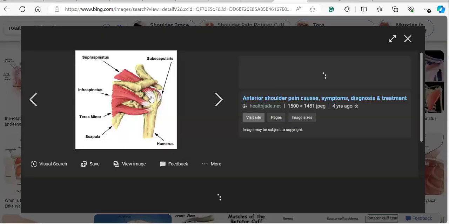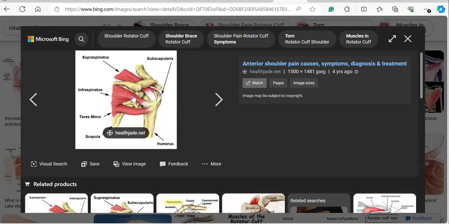So you can see that this is the supraspinatus tendon, that's the infraspinatus, and that is the spine of the scapula, and then teres minor, and then you have the subscapularis over there. So those are the 4 rotator cuff muscles.